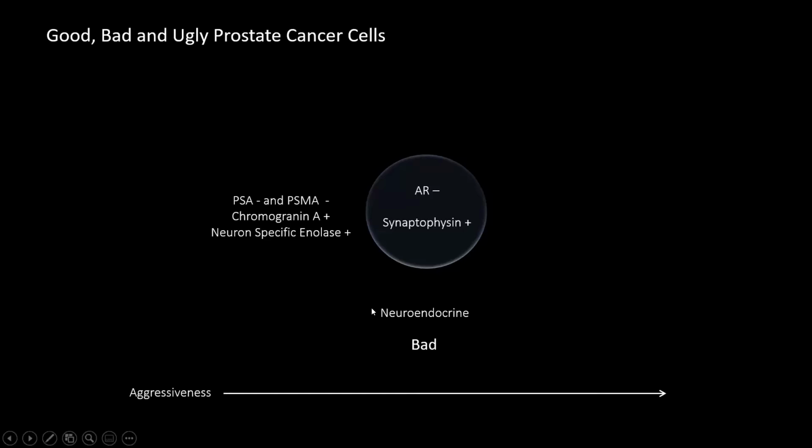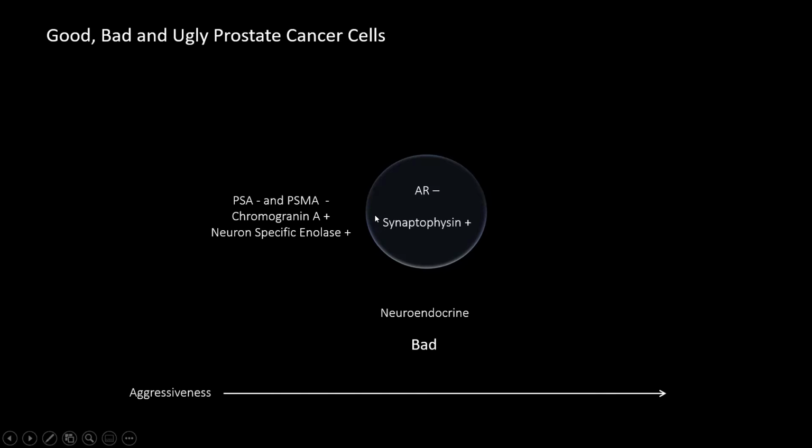A bad cell type is something like neuroendocrine small cell tumor or neuroendocrine prostate cancer. Neuroendocrine cells do not have androgen receptor. They are not sensitive to hormone therapy. These guys are bad, and they typically constitute around 5 to 7% of prostate cancers that are diagnosed.